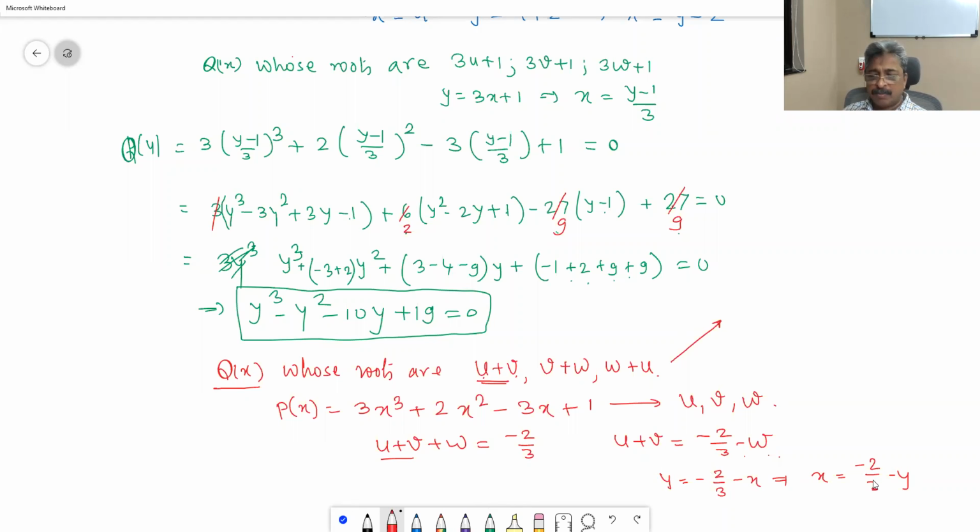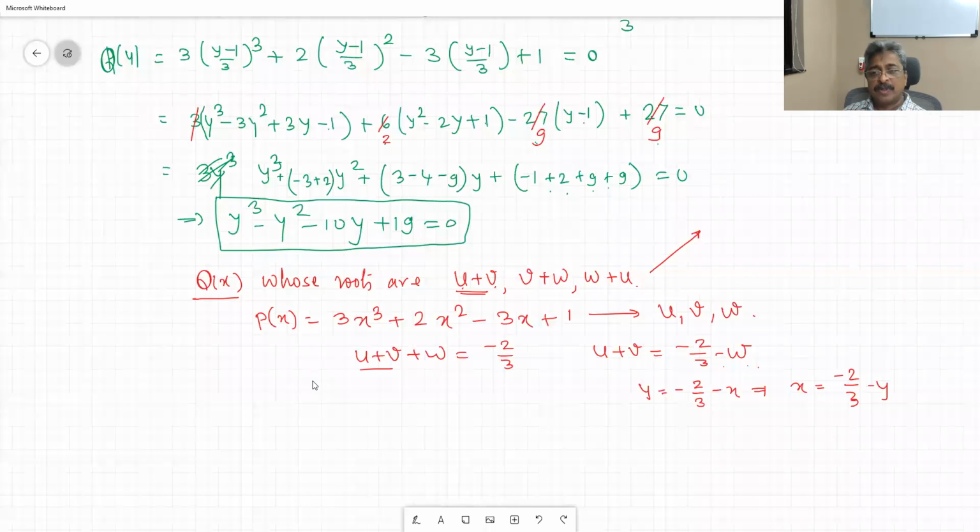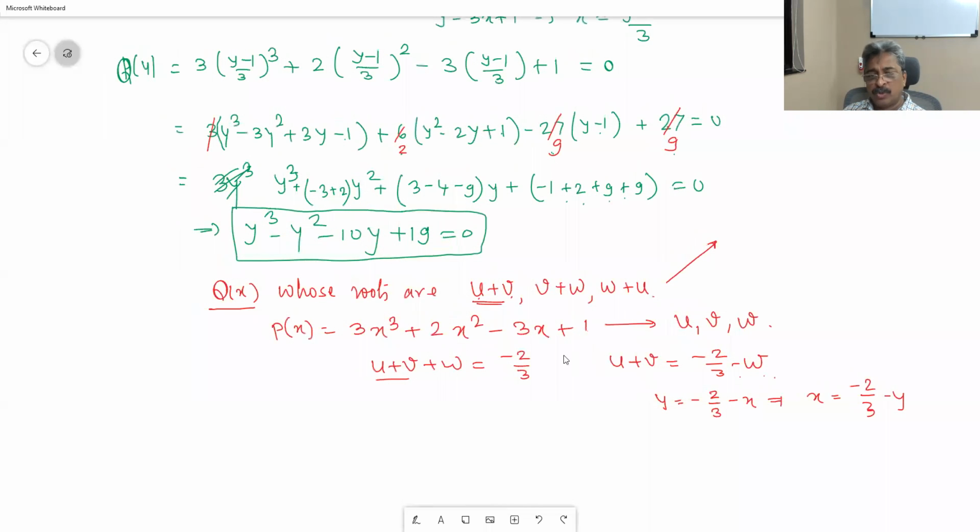Put it back into the original equation and you will get it. It is the same transformation which we have used earlier. But here instead of u plus v, you use one of the sigma ones which is available, minus 2 by 3. Make it minus 2 by 3 minus w. Then use this transformation. Final expression, that is what is your transformation.